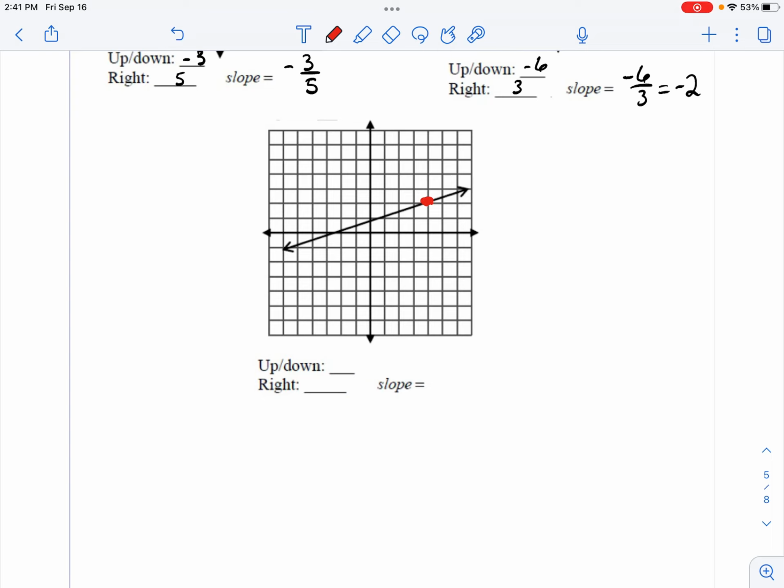And I'm going to use that point right there, and that's going to be right in the middle, so I'm going to say this one is negative 2.5. And then it's right on the x-axis, so it would be 0.